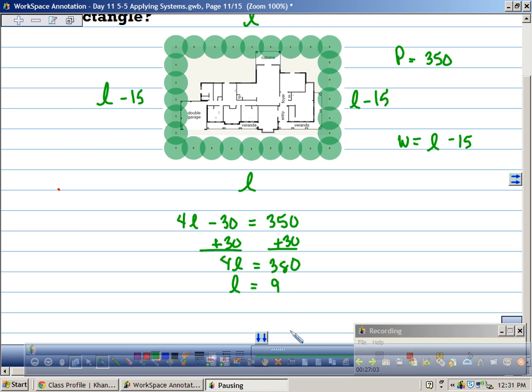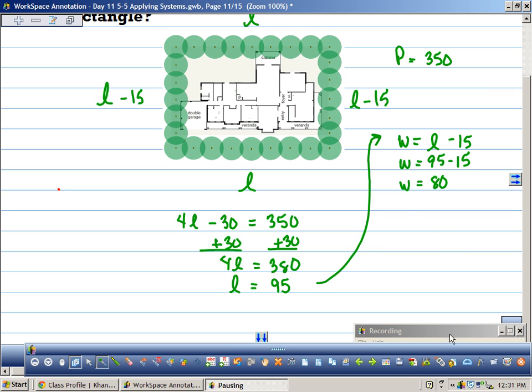Nine times 4 is 36, with 20 left over would be 95. So if the length is 95, then the width would be 15 less than that. So the width equals 95 minus 15, which is 80.